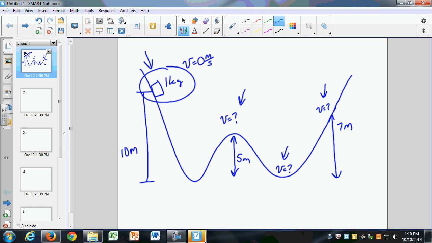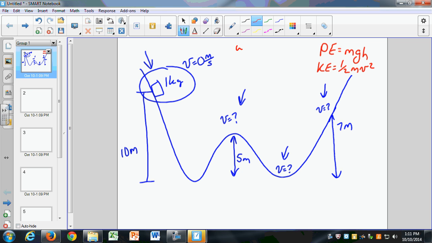Now getting to your question, Bree, how do we know what is the potential or kinetic energy at a particular point? The potential energy, remember, is mgh, and the kinetic energy is 1/2 mv squared.